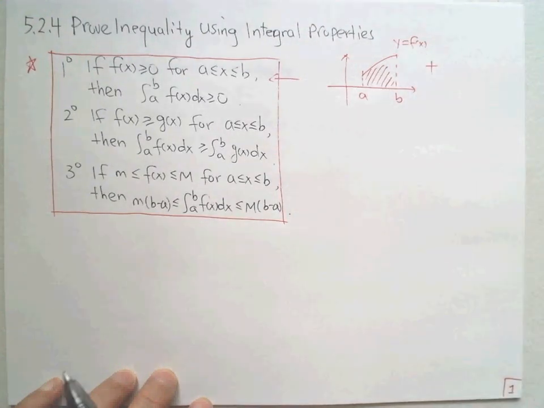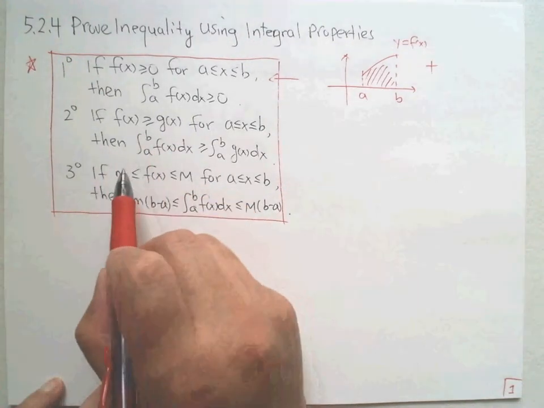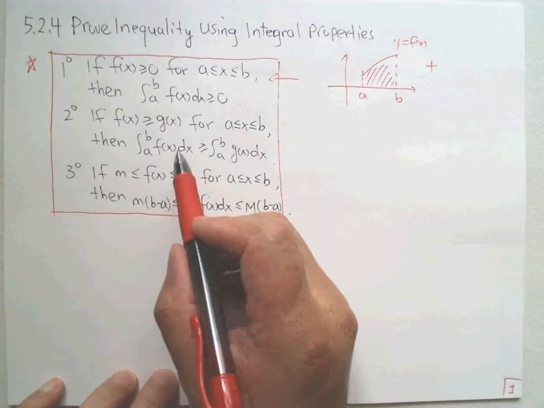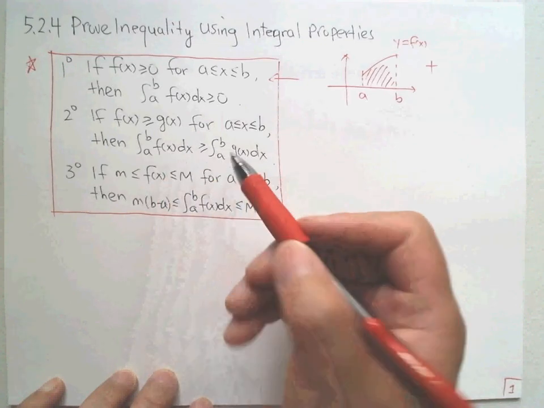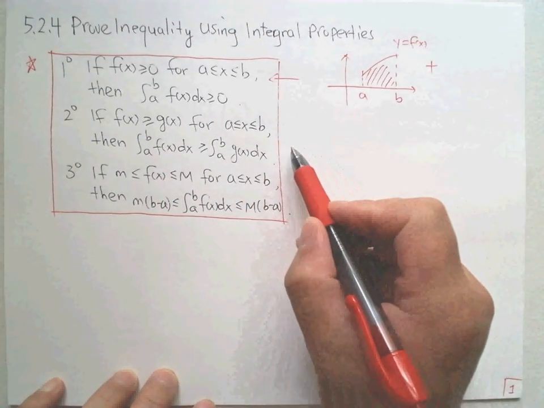Okay, so the second property: if we have 2 functions, f is greater than g, the integral of f, of course, is greater than the integral of g, right? Or probably I can show this graph here.